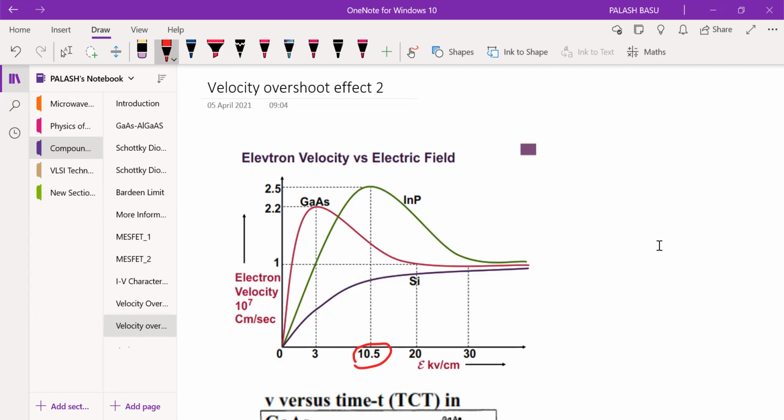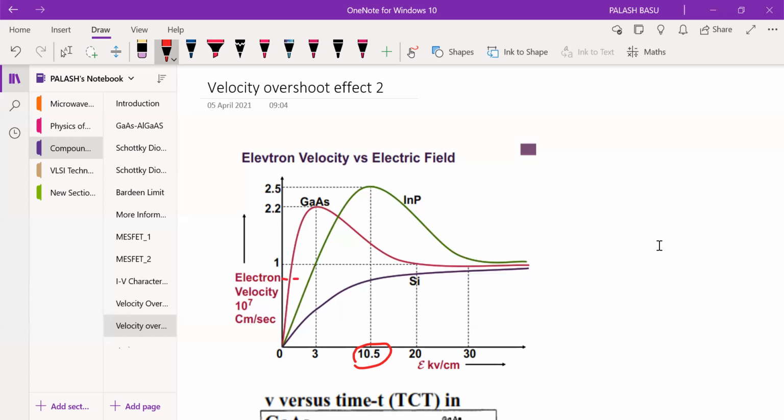So I mean to say, even at high electric field, there is no great improvement of your velocity. For an example, silicon maximum velocity is 1 into 10 to the power 7 centimeter per second maximum, right? Even it is lower than that, 0.8 you can tell.